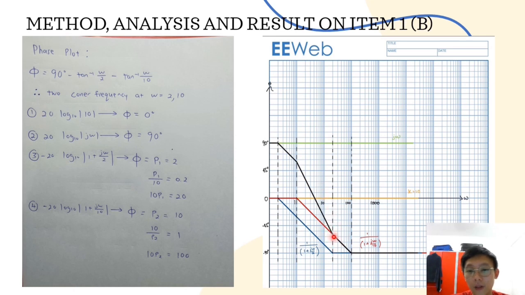And then after that it becomes 45 degrees back to the hundreds, and then becomes constant. So that is the way to draw the final resultant line. Before drawing the final resultant, we need to consider the dotted lines first, which are the green, orange, blue, and red lines. Draw those first, and then finally we can draw the final resultant line.